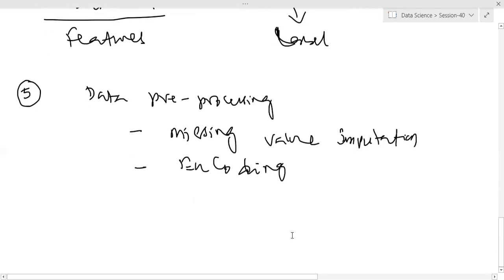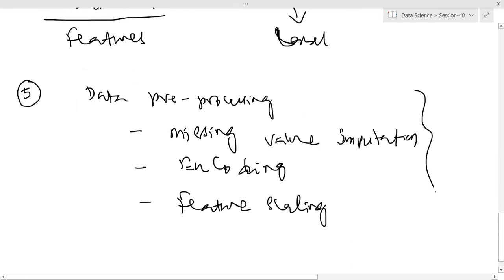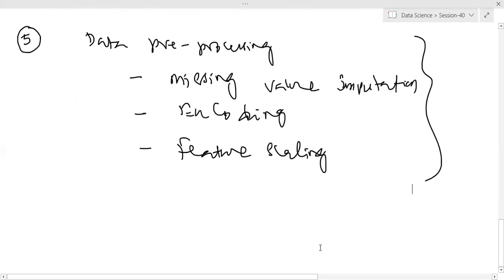And then, friends, any other? Feature scaling? Okay, all these are the conventions related to data pre-processing. Next important thing is, okay, we are happy with the data, and we have seen the X Y separation and pre-processing also. What is the next immediate step?